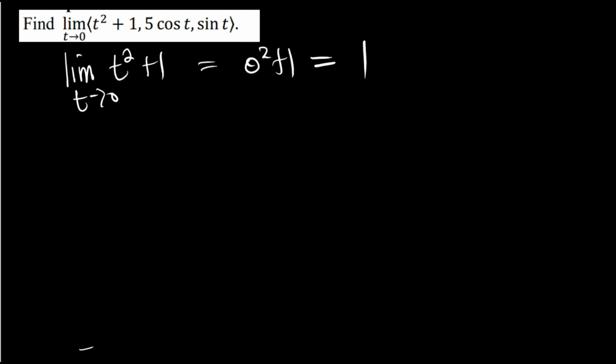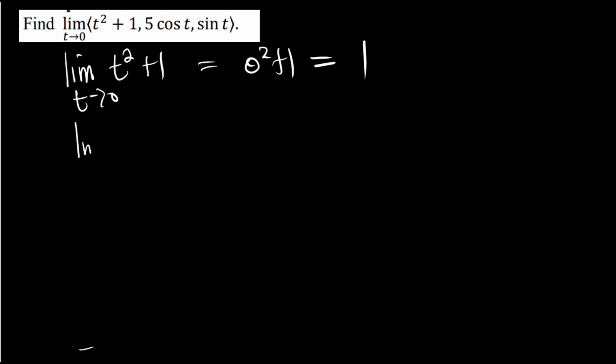The second question, the limit of t squared plus 1, 5 cos t, and then sine t as t approaches 0. So we'll find the limit of the individual component functions. t squared plus 1 as t approaches 0 will be 0 squared plus 1, and this will yield 1.